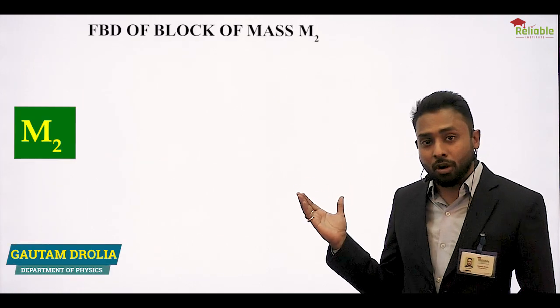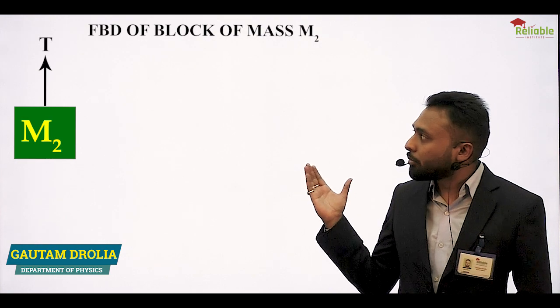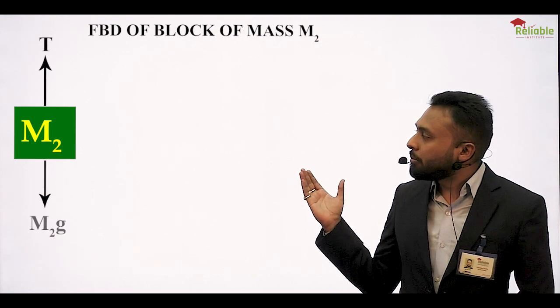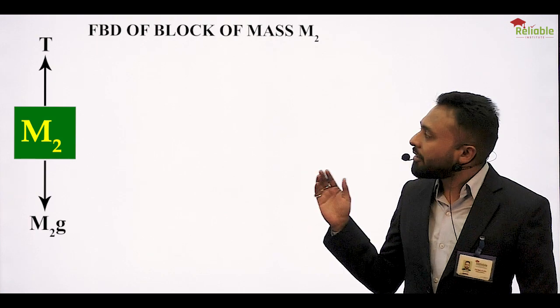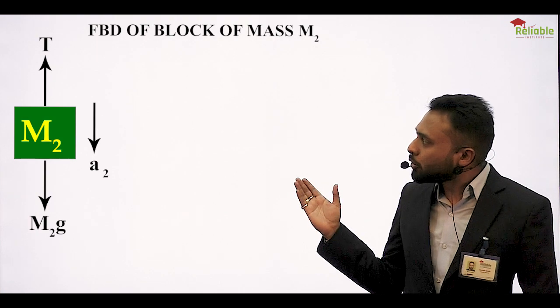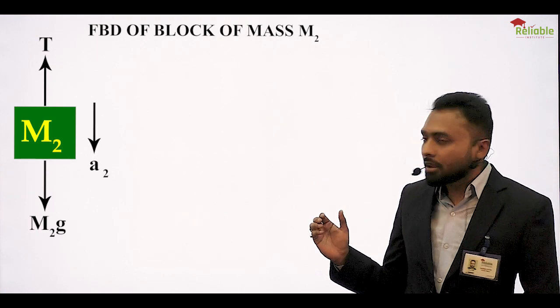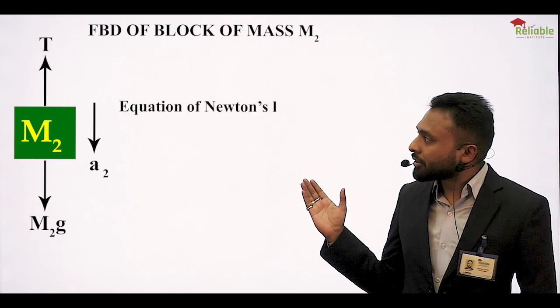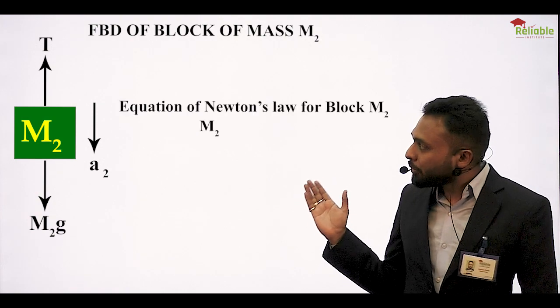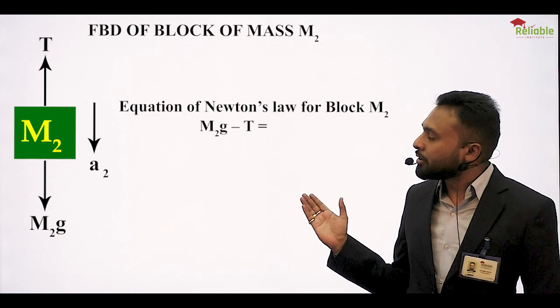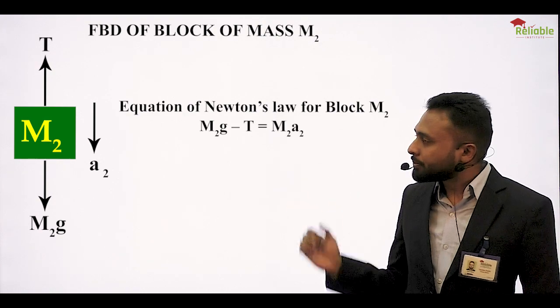Similar to block M1, we can see the FBD of block M2, which has force T in the upward direction, weight m2g in the downward direction, and we have assumed its acceleration to be a2 in the downward direction. Writing Newton's second law for this block, we get m2g minus T equals m2 a2.